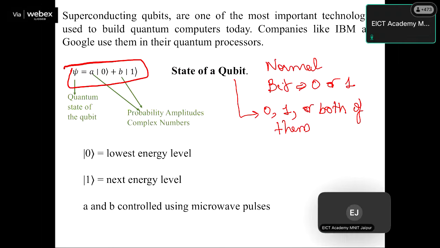A qubit is a weighted sum of two states, that is the state 0 and the state 1.